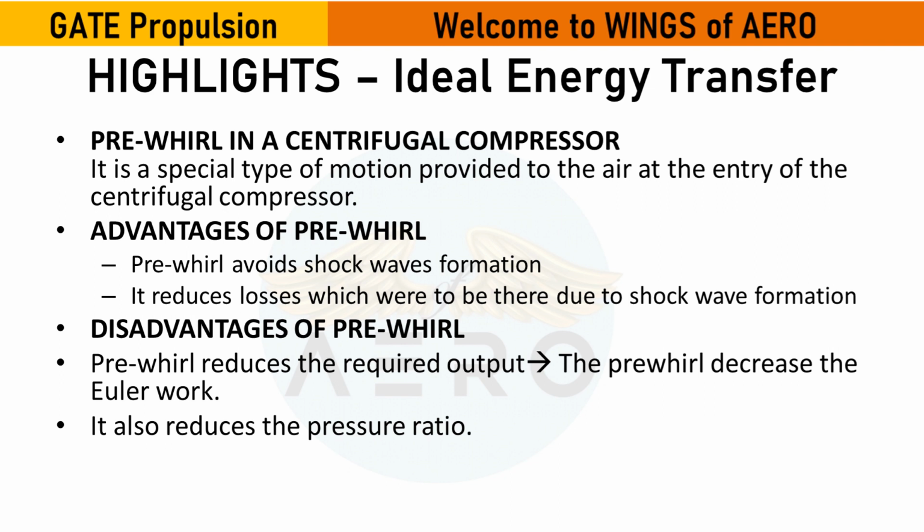It acts as an advantage and also as a disadvantage. The advantage is it avoids shock wave formation and reduces the losses. Due to that, less output is formed, the pressure ratio will also be less, and it also slightly reduces the efficiency, because pressure ratio and efficiency are directly connected with each other.